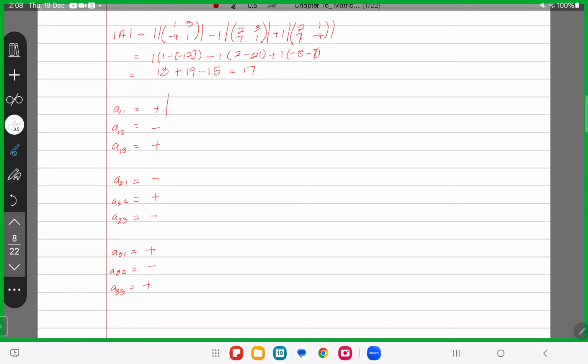This is the determinant of 1, minus 4, 3, 1. So this is 1 minus 12. This is 13.